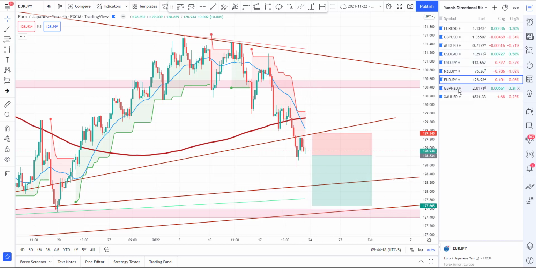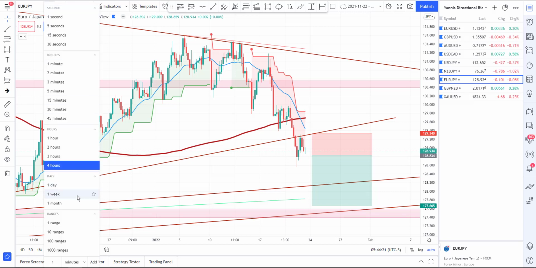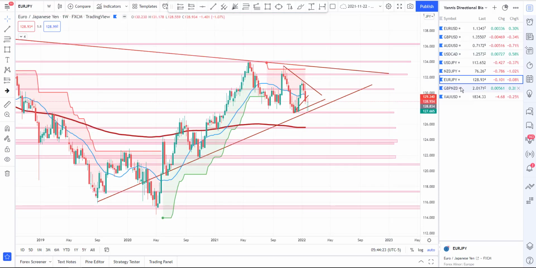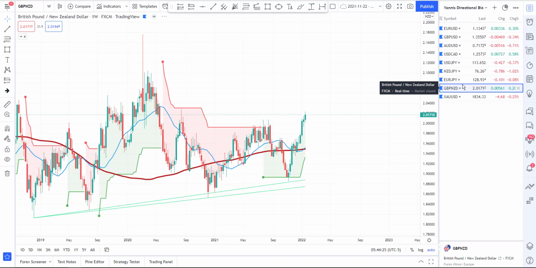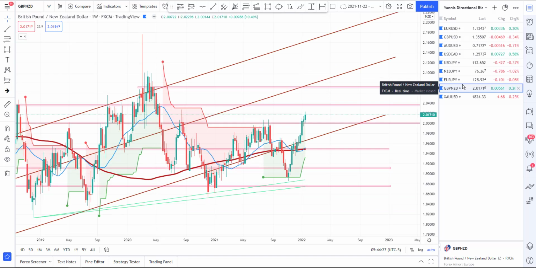Pushing further down, our next pair, allow me to change to the weekly time frame. We are going to see the pound New Zealand. The pound New Zealand puzzled me a lot this week, and I'm going to explain to you why. The pair is obviously in an uptrend for a couple of months, or for a few months now.